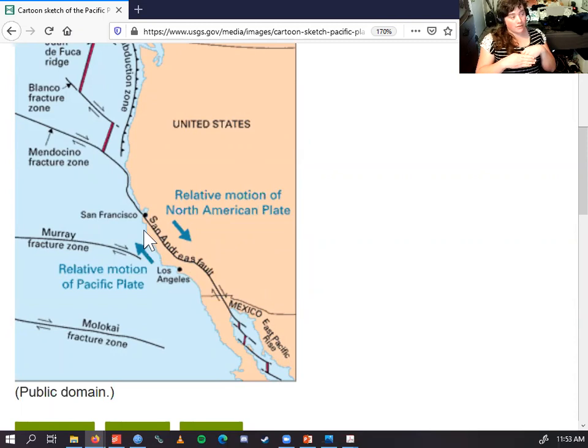So the reason we have big earthquakes from the San Andreas Fault is because continental crust really doesn't want to move. It's going to be very thick, and two pieces of continental crust grinding past each other are going to create a lot of friction and build up a lot of stress compared to oceanic plates. So that's one reason why the San Andreas Fault is so weird.